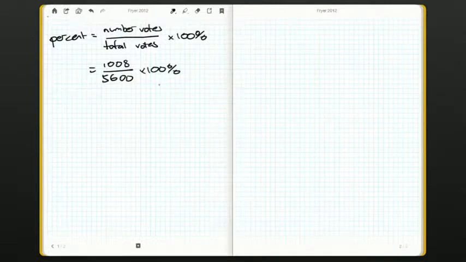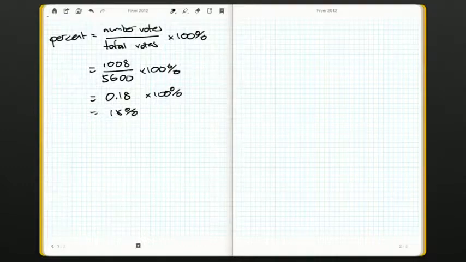You can get out your trusty calculator if you want to, or you could factor these things. Either way. So 1008 over 5600, that's going to be 0.18. We times that by 100%. We get 18%. And we put a little box around it so they know that that's our answer.